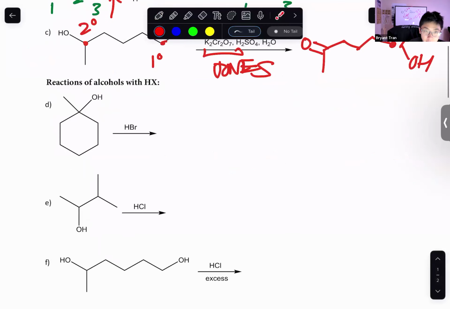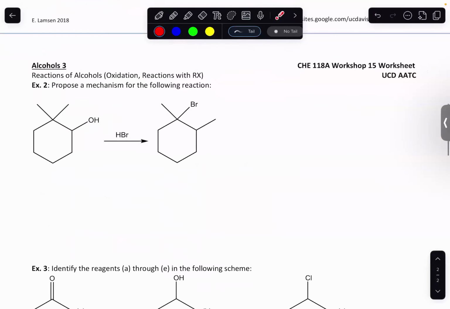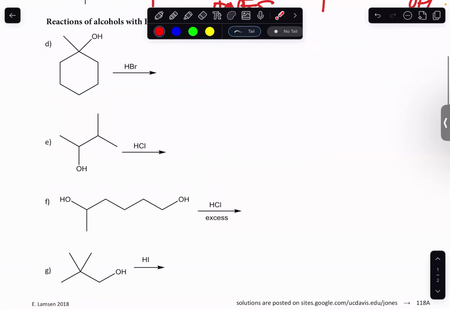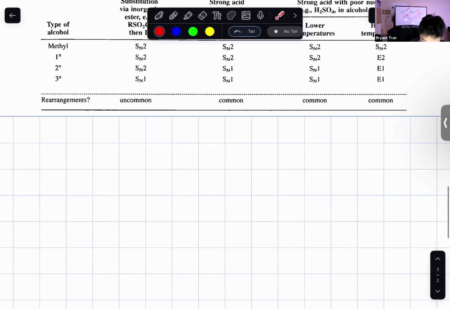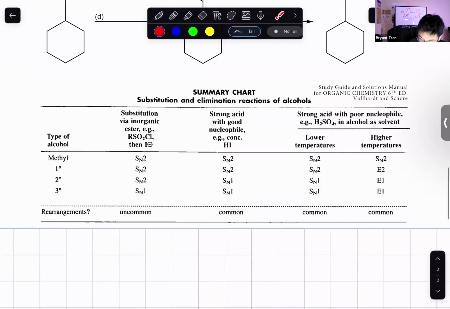Have you learned about hydrohalogenation of alcohols yet? I believe so. Is it with the E2 mechanism? Or it depends on the type of alcohol and the temperature. Did Bio give you low temperature versus high temperature?